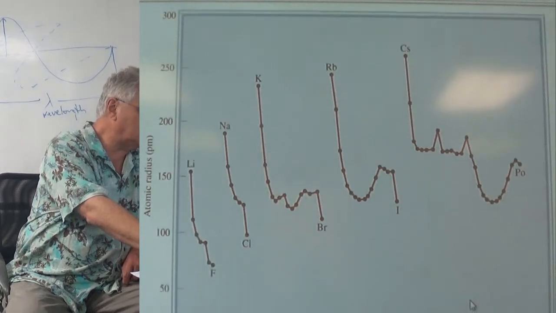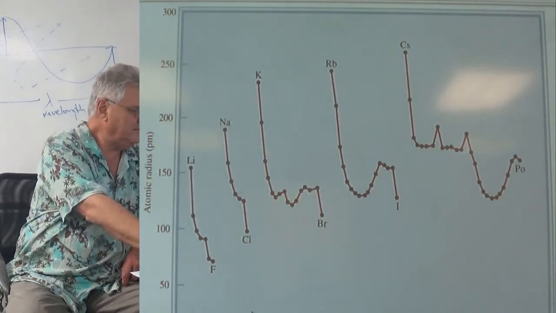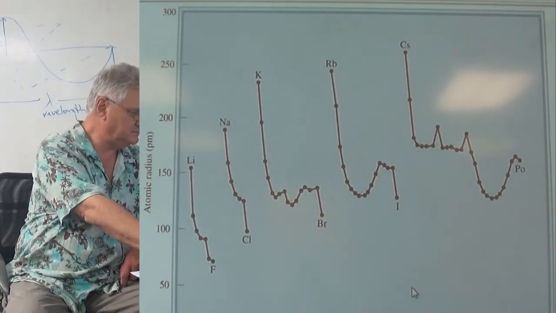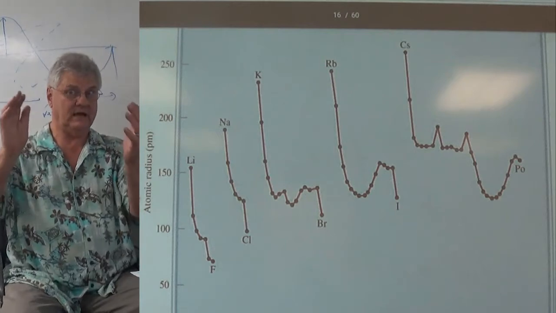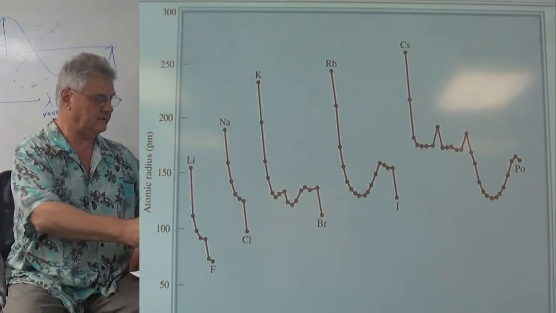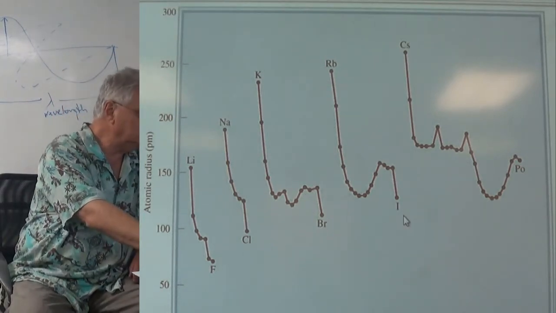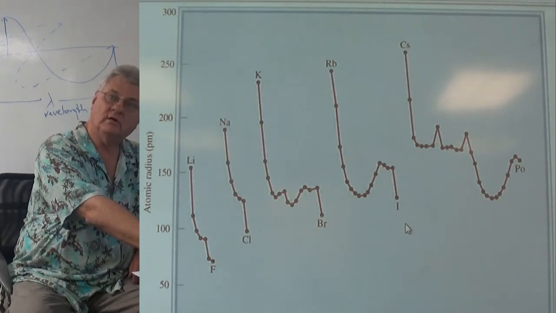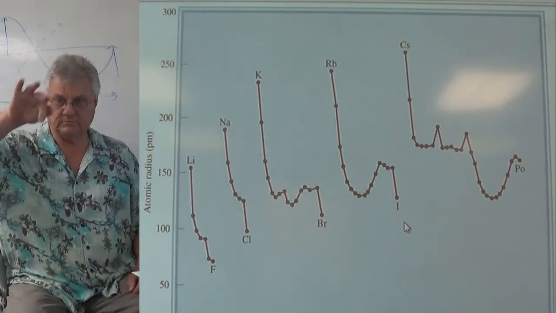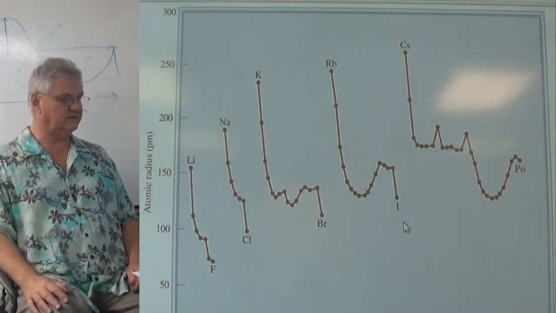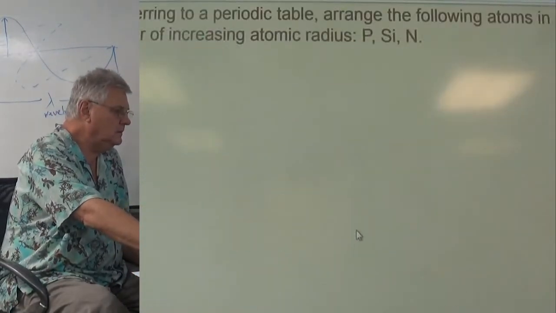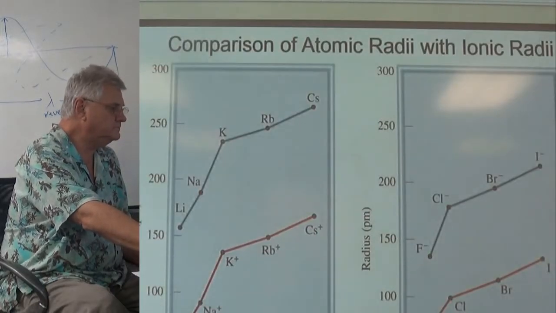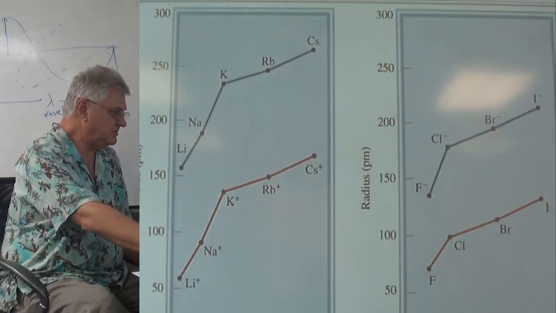Here are trends in atomic radii, and you can see for different periods, the alkali metals are at the top here. They're the largest atoms in a period, and when you get to the other end, the halogens, they're much smaller. You're putting protons in the center, and it's pulling those orbitals in. Again, this should be intuitive.